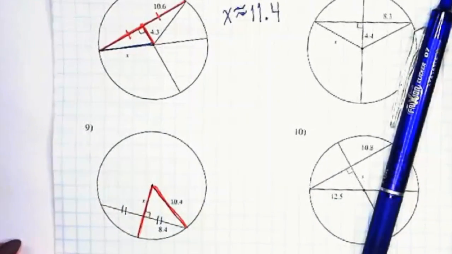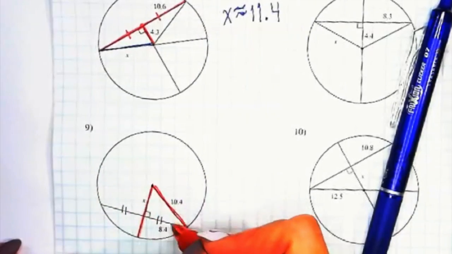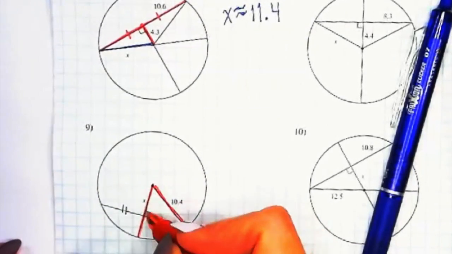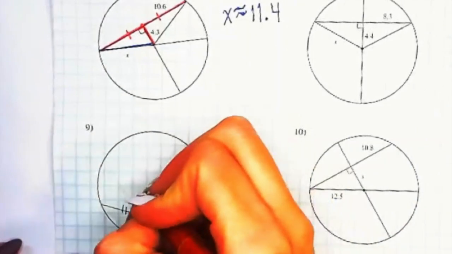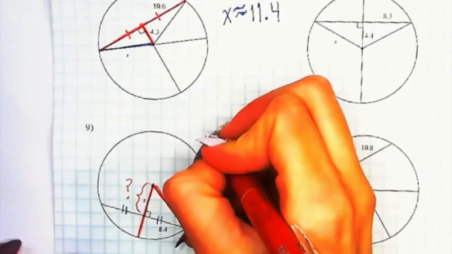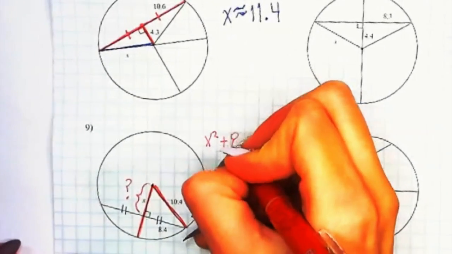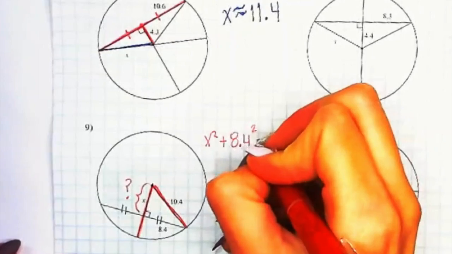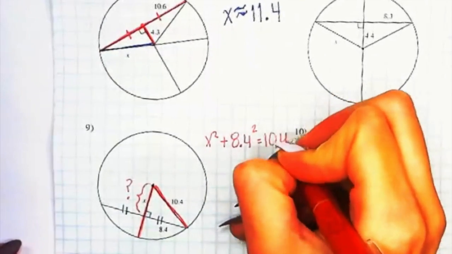However, I could simply do Pythagorean theorem to find the length of x for this example. So we'll have x squared plus 8.4 squared equals 10.4 squared.